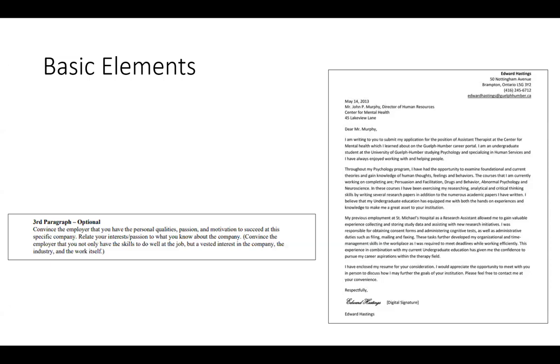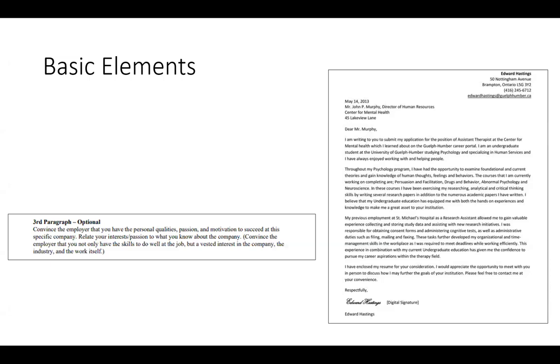Here, this author hasn't really included the third paragraph. That's optional. Sometimes you want to include this, sometimes not. It depends on how strongly overlapping your skill set and experiences are. But sometimes it makes good sense to include a brief statement to tell the reviewer about your personal qualities, why you're motivated to work at this company or apply for this program.